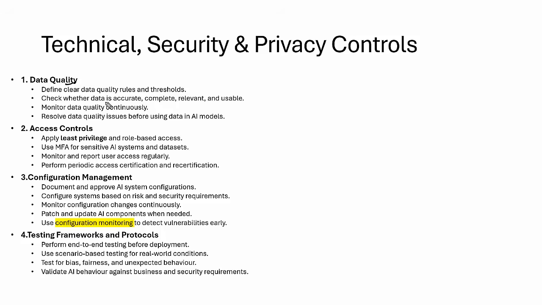So we have to make sure the data is accurate, complete, relevant, and usable. And we need to monitor the data quality continuously, because the data which is relevant today might not be relevant tomorrow. So we need to resolve data quality issues before using data in the AI model. There's no point in adding error data. The second thing is that when it comes to model systems and all that, we need to have least privilege and role-based access.